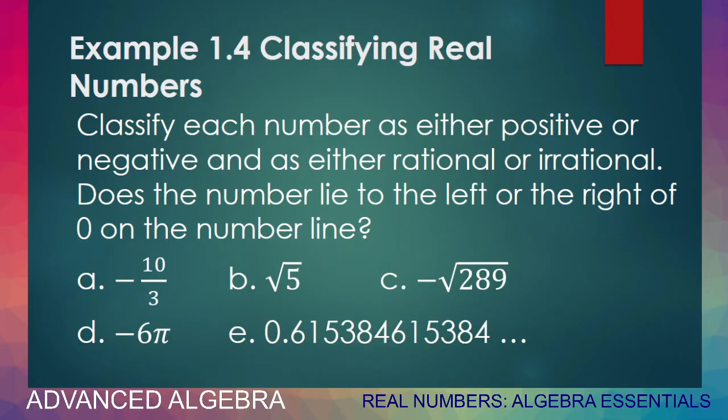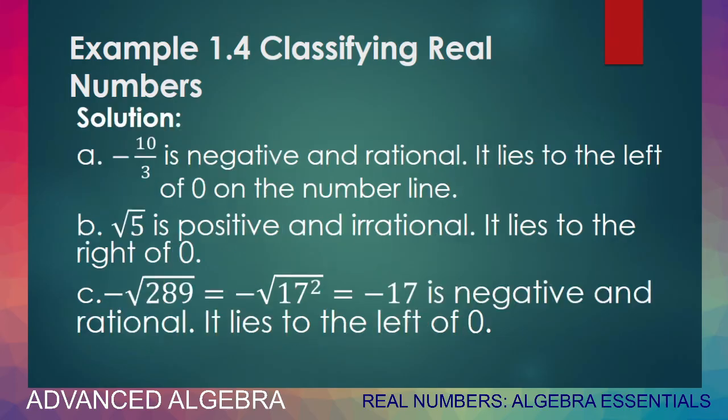If you notice, the negative is outside. That means we get the square root first, then we put the negative once we have the answer. Okay? So, what is the square root of 289? Okay. So, the square root is 17, so the answer is negative 17. I just showed the manual computation. It is negative, and it is rational. So it lies to the left of 0.